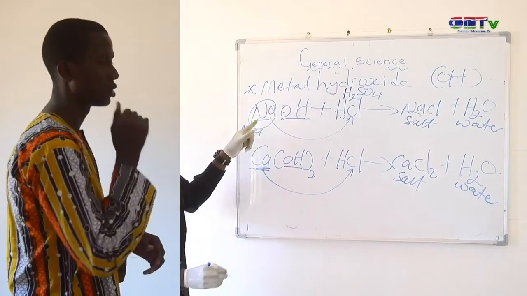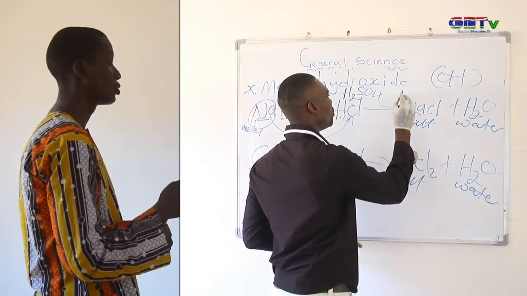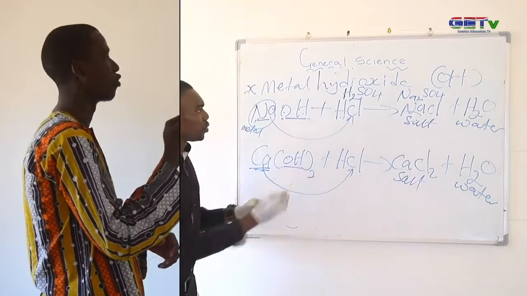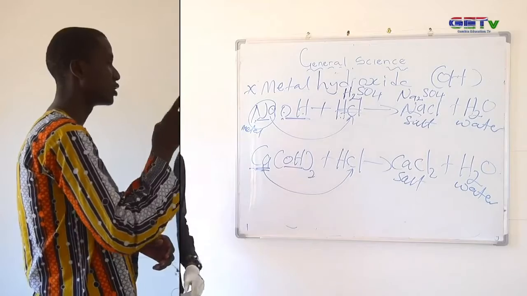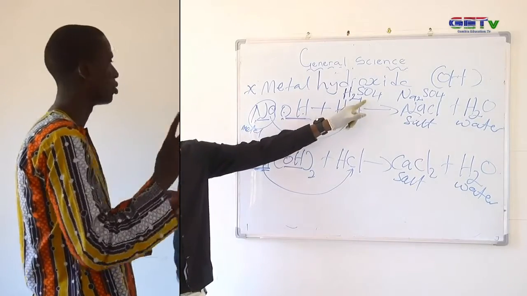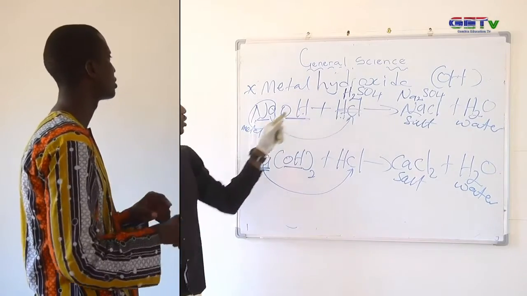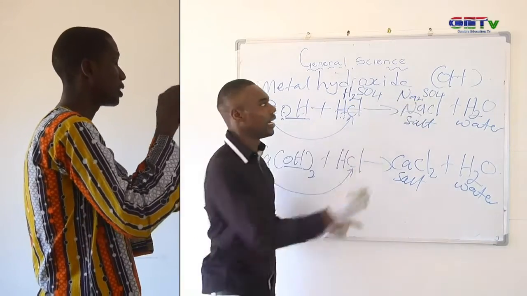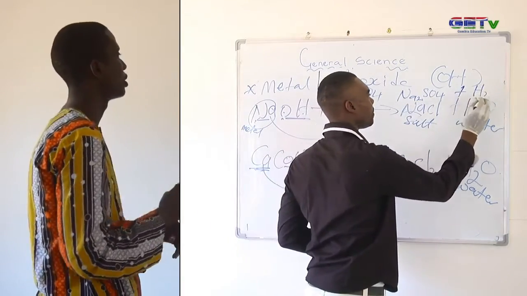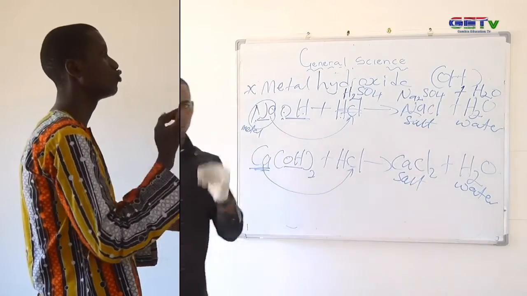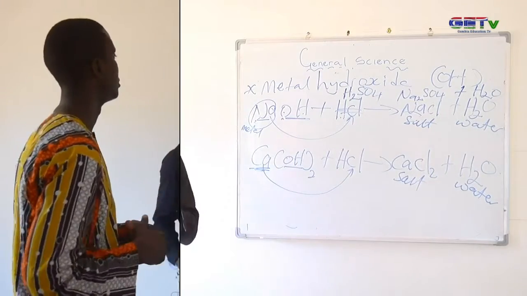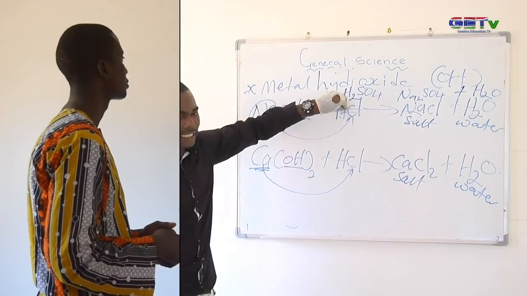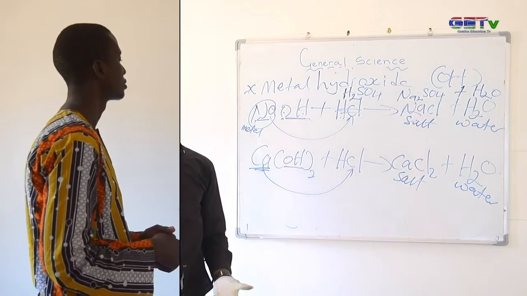You are going to have sodium sulfate, Na2SO4, because you don't use hydrochloric acid now. You are using sulfuric acid, so the sodium will combine with the sulfate. You have sodium sulfate, and then water. So the exact type of salt made depends upon which metal hydroxide you use and which acid you use. Is that clear?